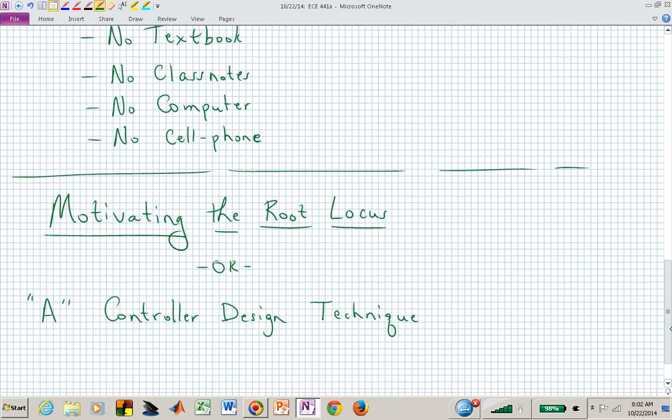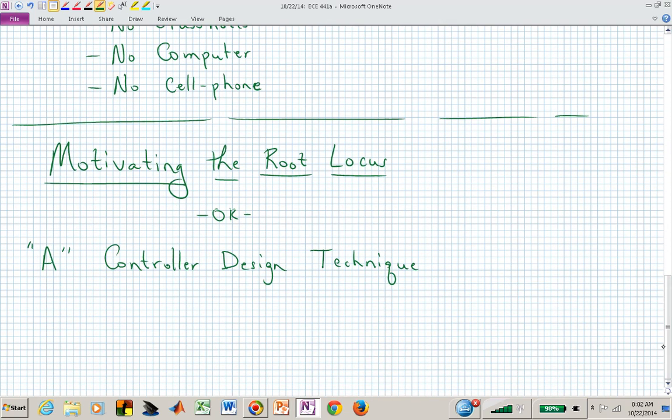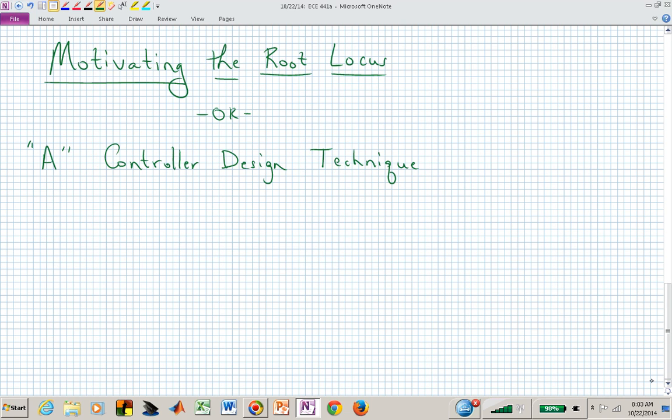Today what I want to do is start getting into this new topic, which is the root locus, and that is a strategy or one way to think about designing controllers. If we're going somewhere new in terms of topics, maybe it's nice to connect that with what we already know so that we can progress a little bit more smoothly or with a little bit more comfort.